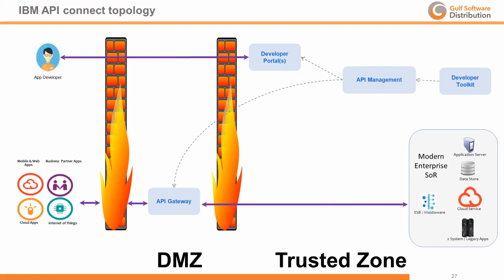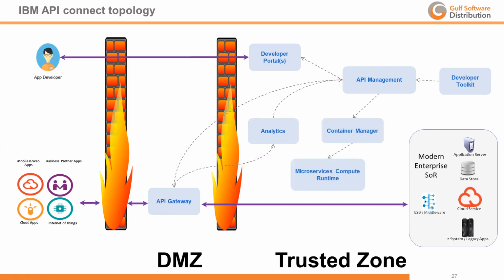So again, you would see here that the API gateway is placed within the DMZ zone, and that is with a specific purpose, because you would not want traffic from external parties to come and hit your trusted zone and hack your website when you don't know for sure that the traffic that is coming in is adhering to the SSL rules that are set, adhering to the messaging rules, and adhering to the messaging norms that are set by the organization. And of course, based on how much APIs is used, you will want to generate analytics out of it, which is also available as a part of the product.